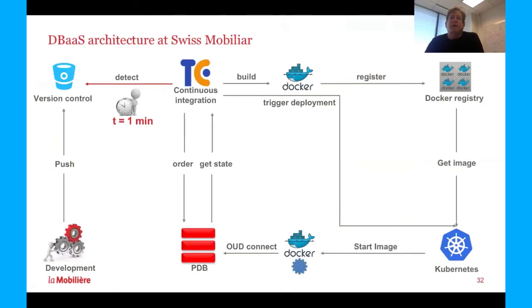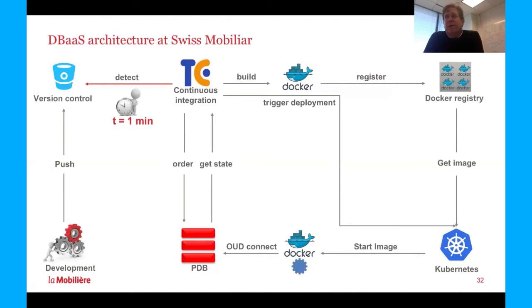Swiss Mobiliar is migrating a monolithic schema consolidated database to microservices. What they needed is a PDB at the back end that fits into their CI/CD pipelines.